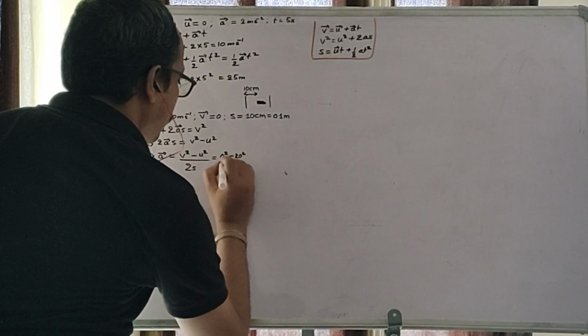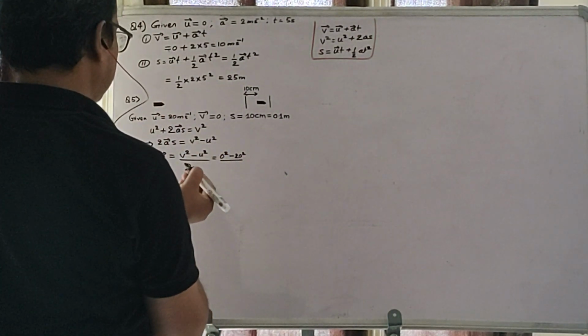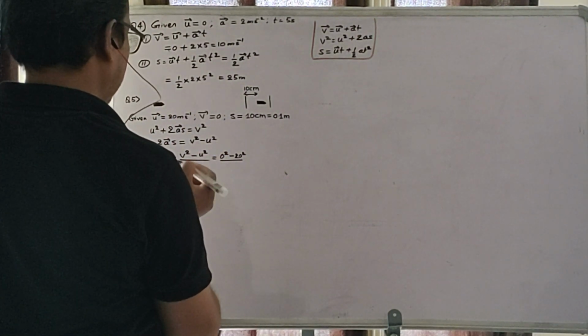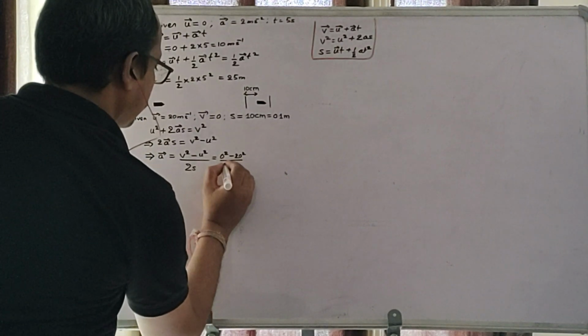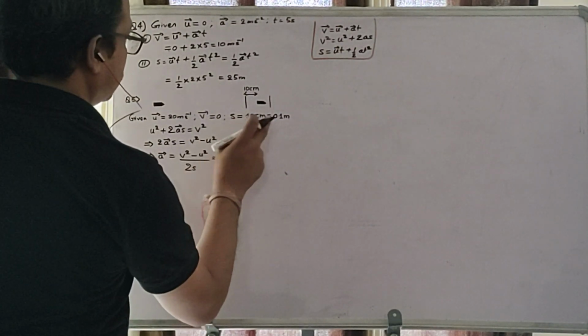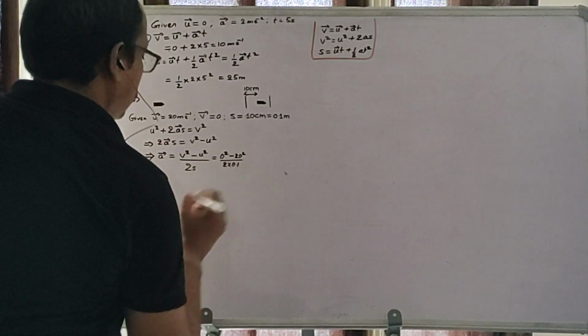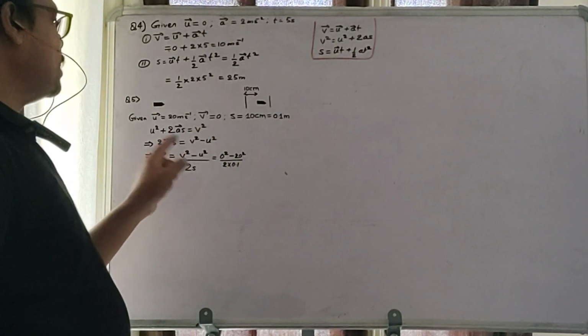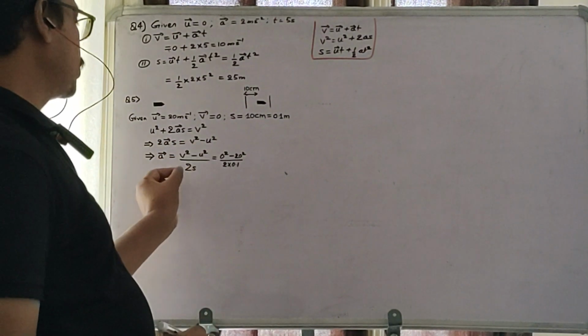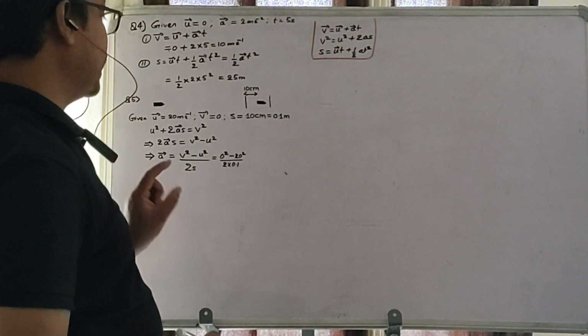And twice of s, s is 0.1. So from 2as we are using v square minus u square upon 2s to get the acceleration.